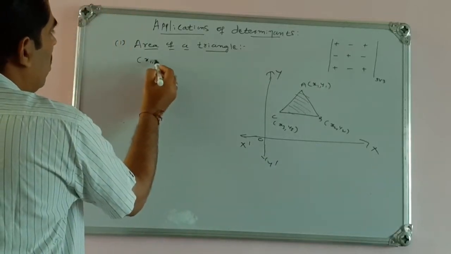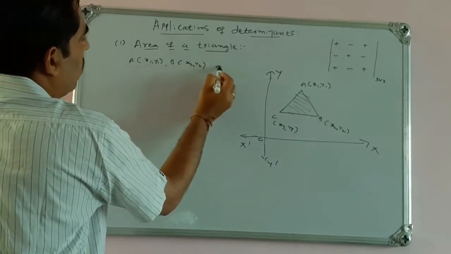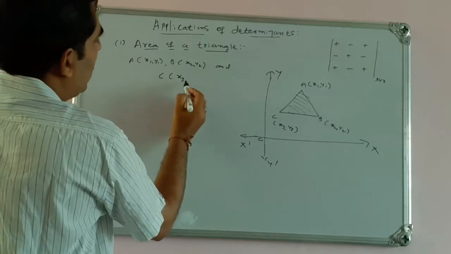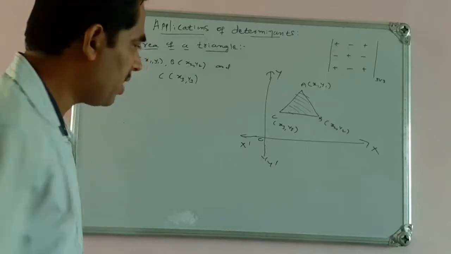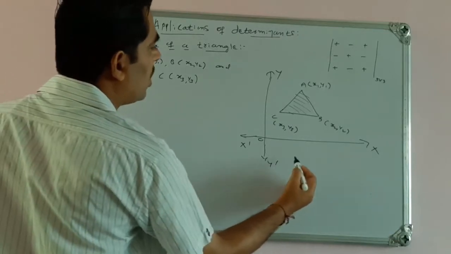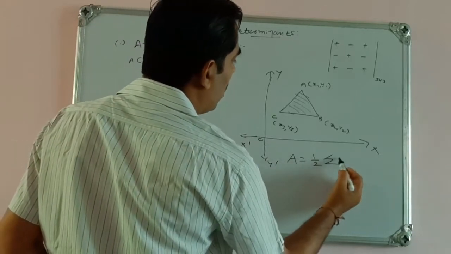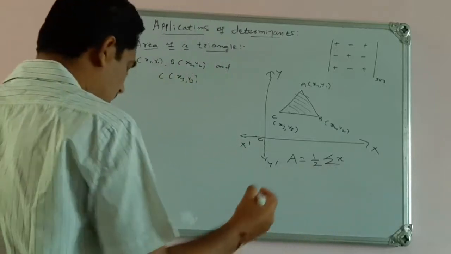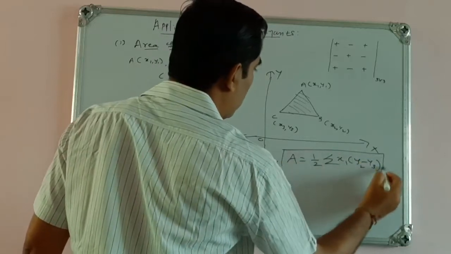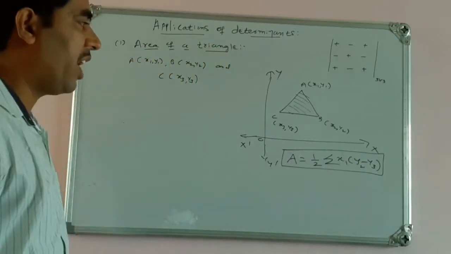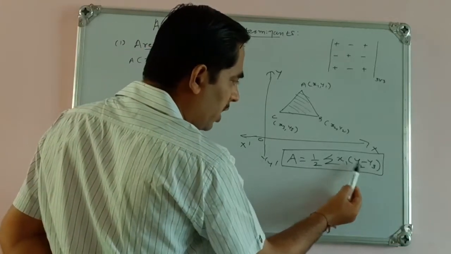The expression we got was: area of the triangle is half into sigma, x1 into y2 minus y3. Half is a constant, sigma into x1 into y2 minus y3.